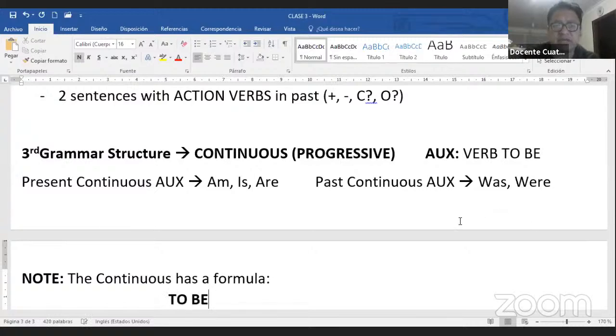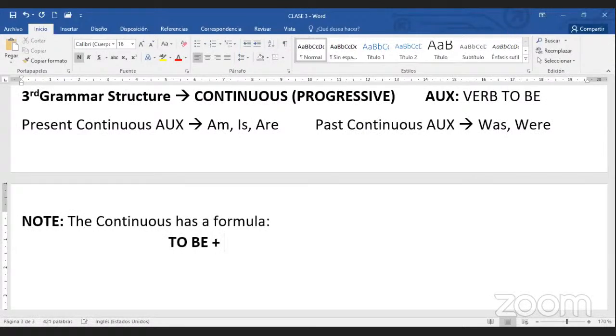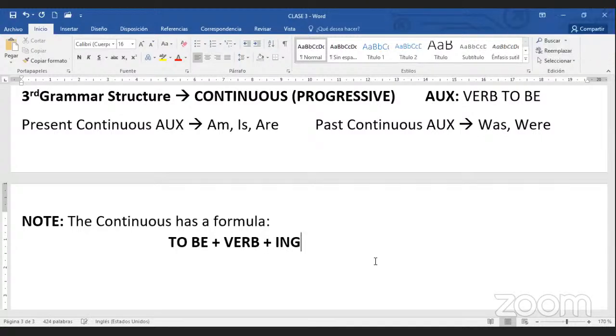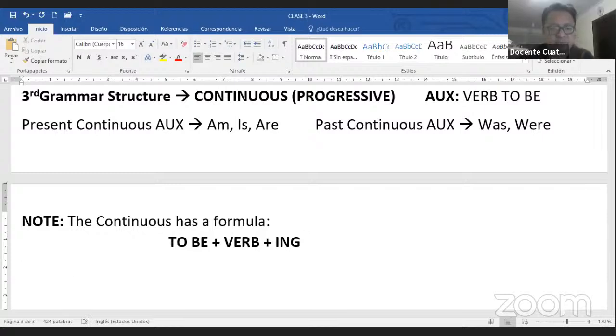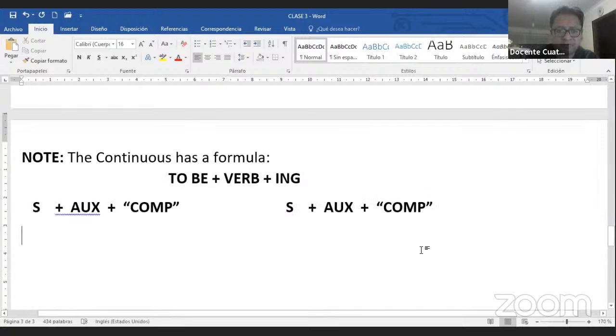First, you need a verb to be, right? Because verb to be is the auxiliary. After the verb to be, we're gonna need a verb, any verb. And this verb has ing ending, okay? That's the main idea. That's something you have to remember.